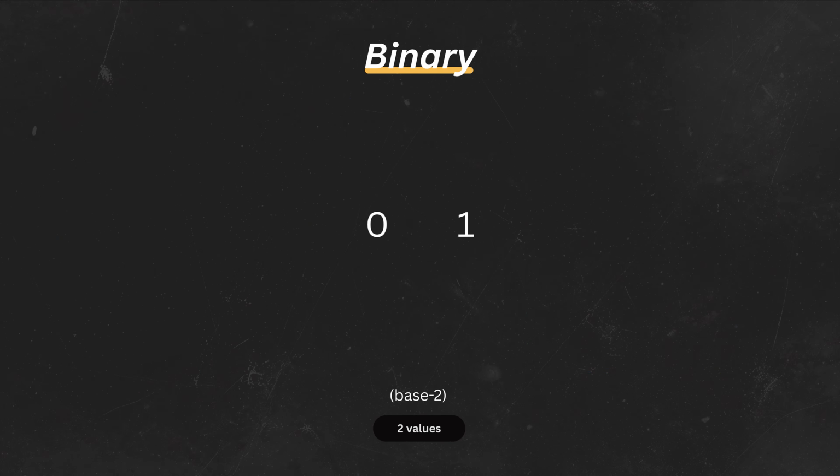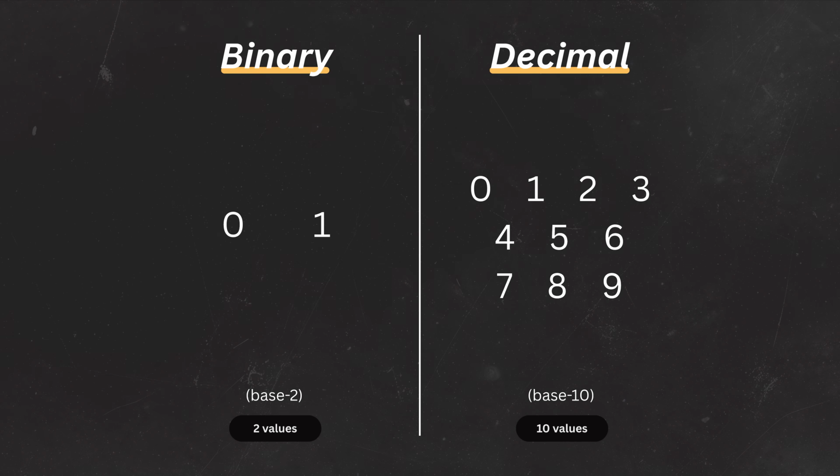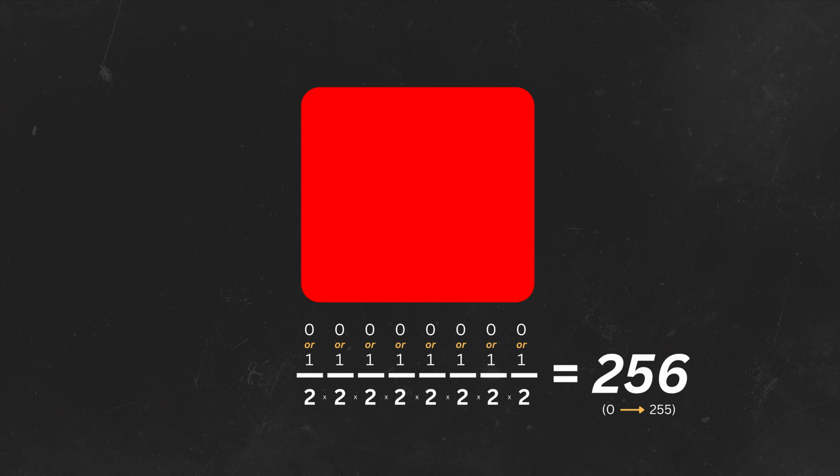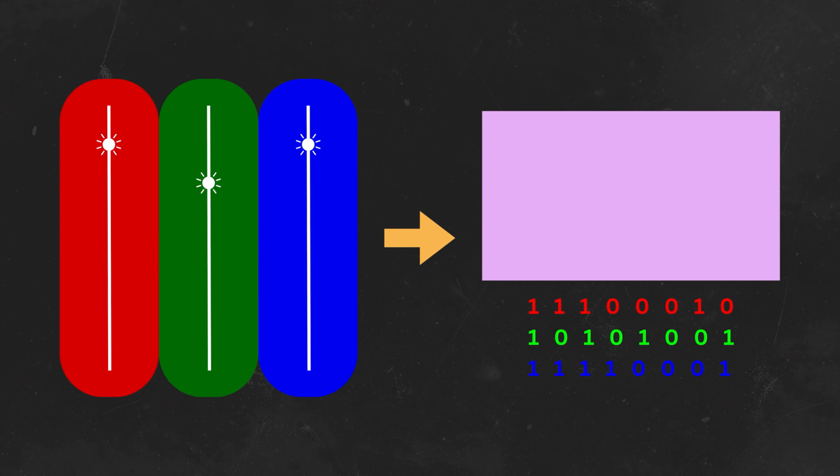But the nice thing is, we can convert binary, which is also known as base 2, since any number in binary can only be represented by either 0 or 1, to base 10, or the decimal system, which is the number system we understand. If we do some simple math, knowing that each bit can be one of 2 options, that means there can be 256 intensity levels. You can convert every combination of bits into a decimal by using this equation.